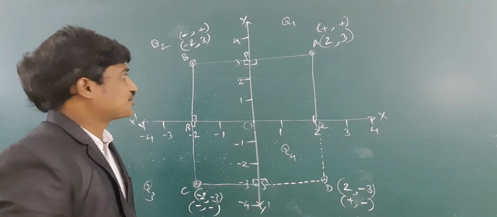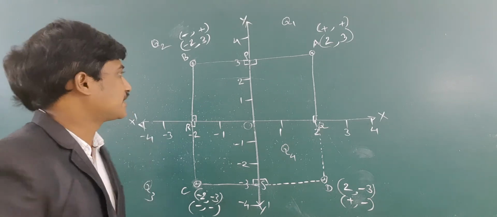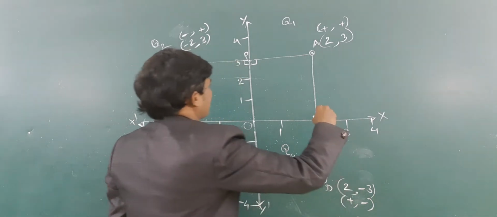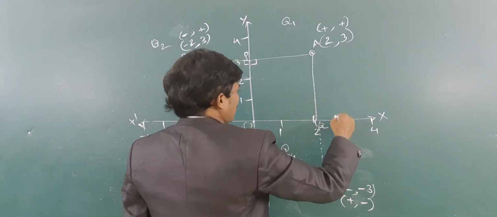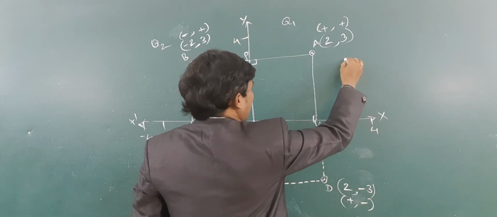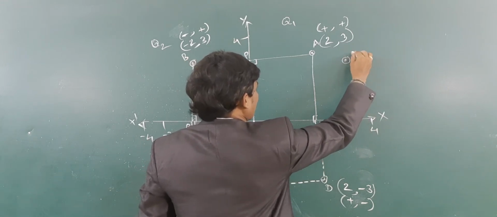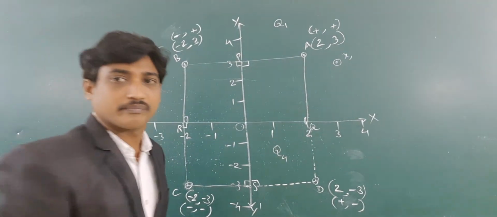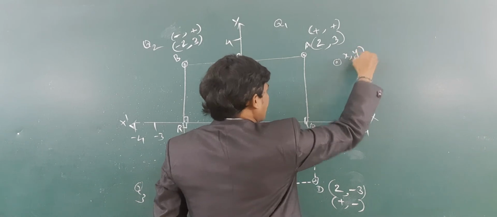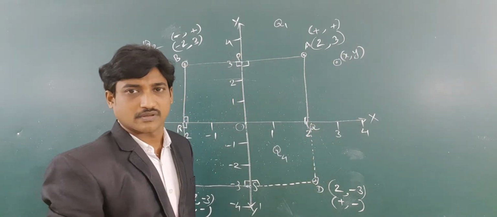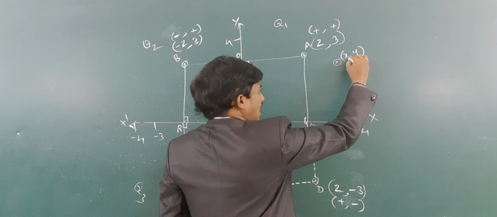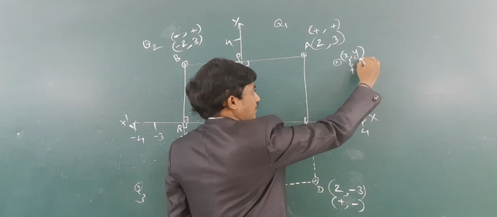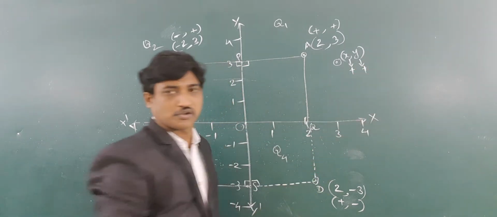Now let us generalize this result. If there is a point xy in the first quadrant, then x will have the sign plus, y with the sign plus, both are positive.